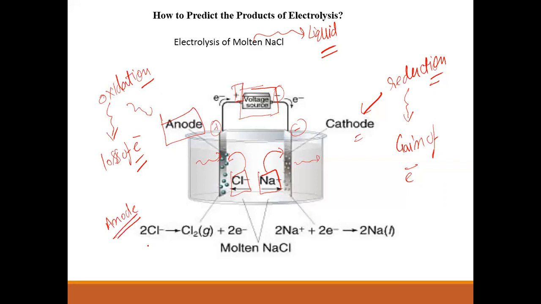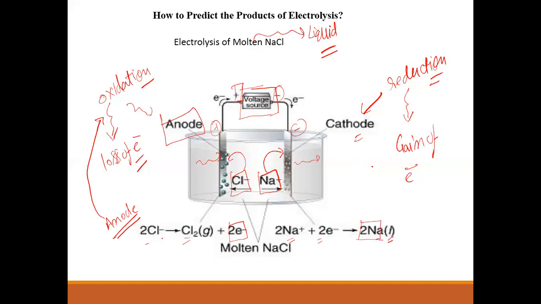In the anode reaction, 2Cl minus gets converted into Cl2 and 2 electrons are lost. So which process takes place here? Oxidation. Okay, whereas at the cathode, 2Na plus plus 2 electrons will give you 2Na, which is present in liquid state.